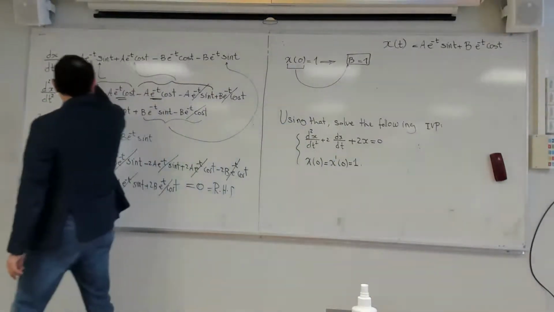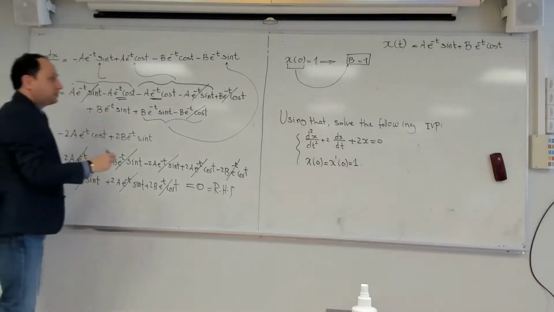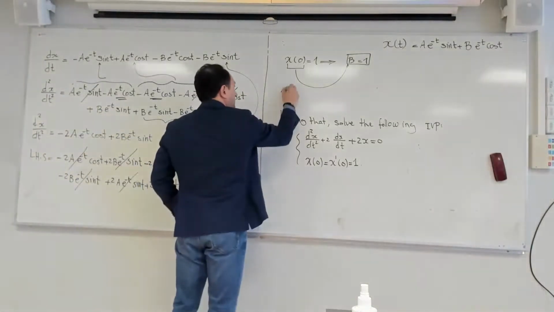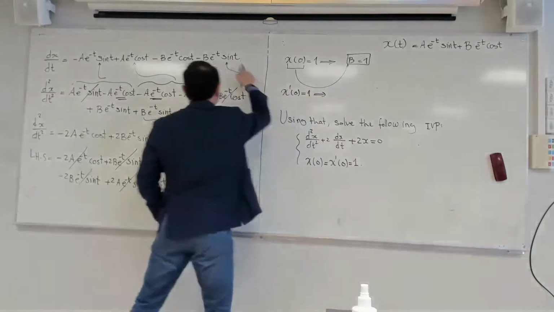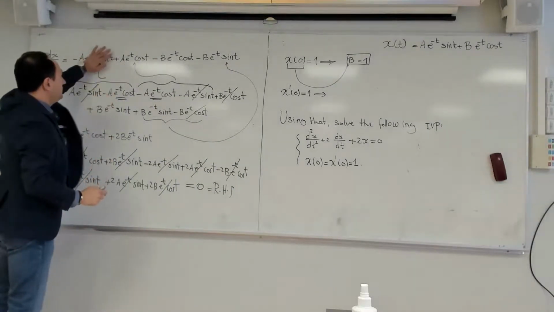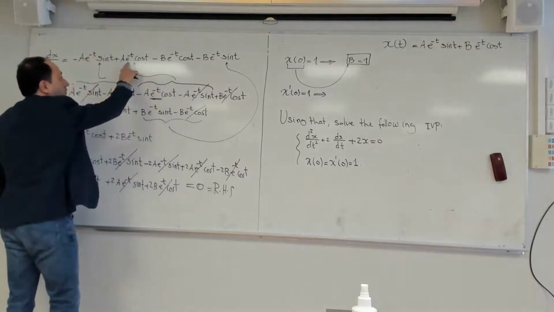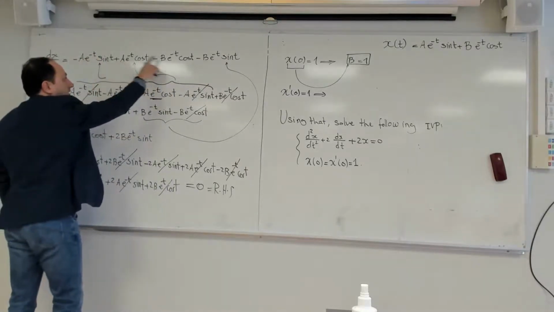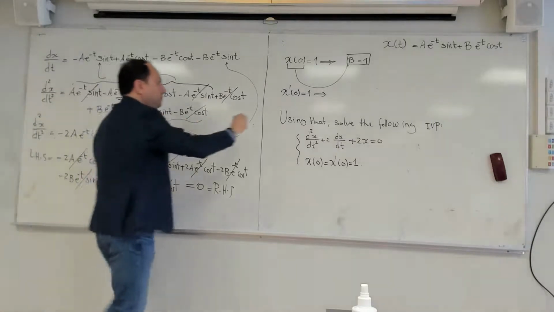Unfortunately, I have it here. This is x prime at t. So x prime at 0 is supposed to be equal to 1 again. So it means that if I go to the derivative and I replace t with 0, this will vanish. This also vanishes. And then this becomes 1, which becomes a. And this also becomes 1, which becomes b. So it becomes a minus b.